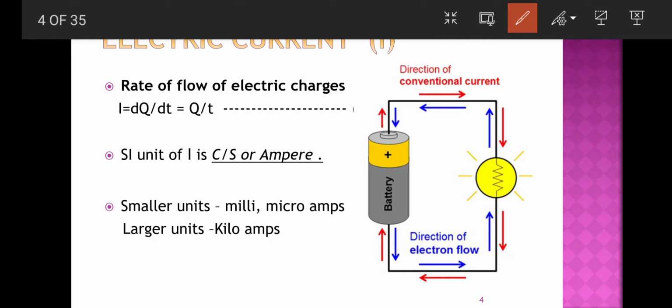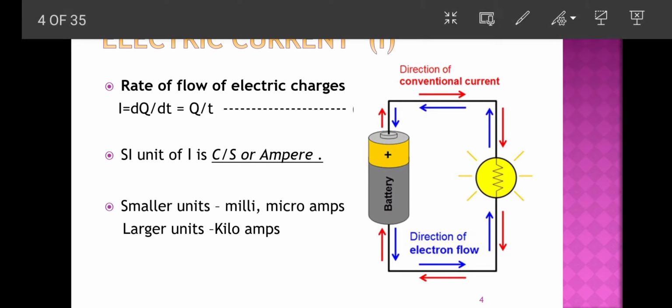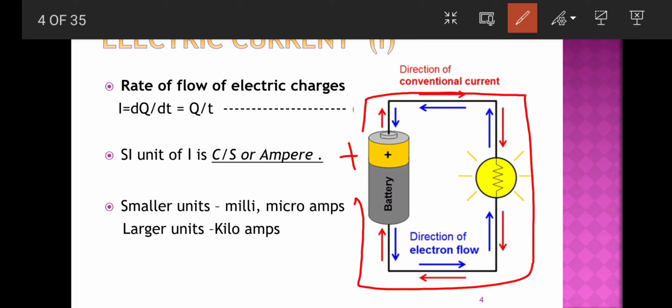Fine. So can you see the direction of the current and the electron flow? So in this circuit you can find the direction of the current is from the positive terminal of a battery. See, this is the direction of the current, which is given with red arrow.